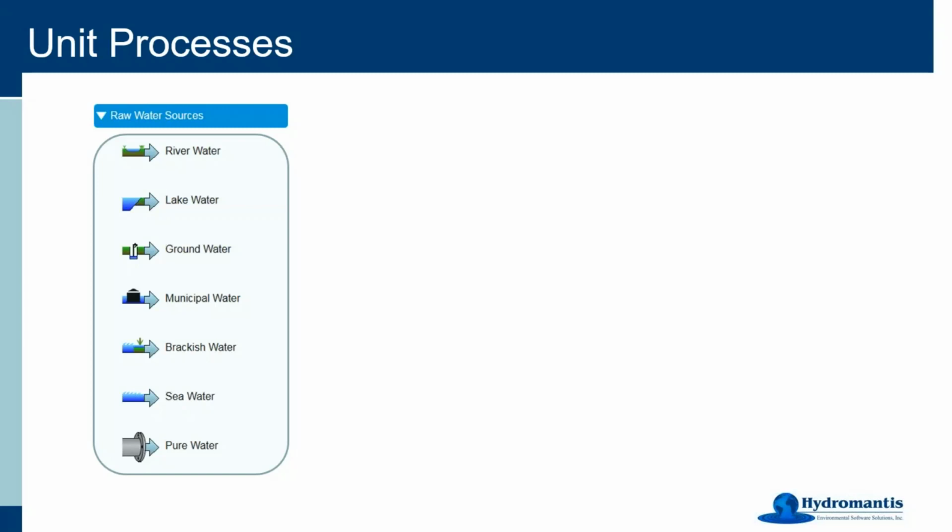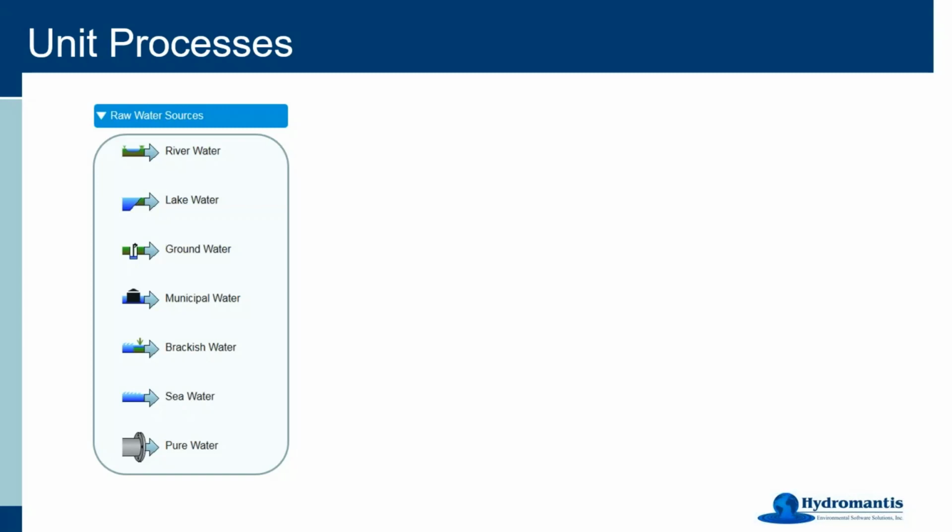Here we have broken it down into different tabs. What you have is a raw water source, and these raw water sources could be different in nature. We have broken them down into river water, lake water, groundwater, brackish water, and seawater, and the difference is not really with respect to what the components are.